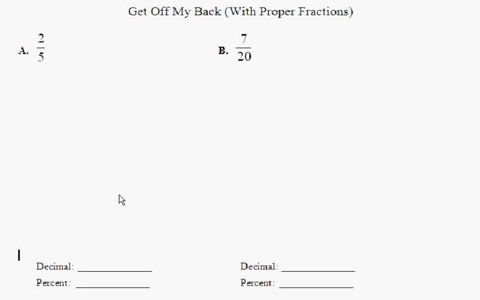And what we used to do with those is what we used to call "get off my back." What I'm going to show today is that you can get off my back with a proper fraction, one where the numerator is smaller than the denominator. And then we're going to see how we use that to make a fraction into a decimal.